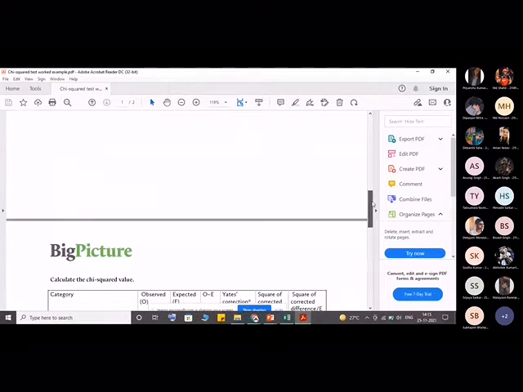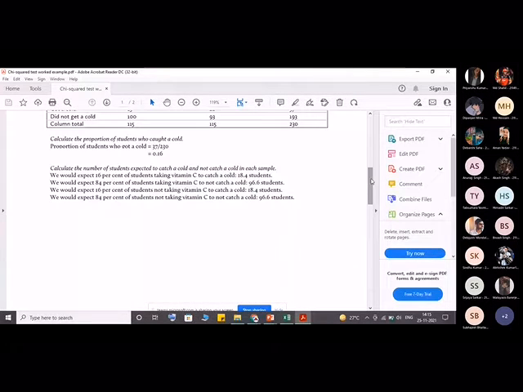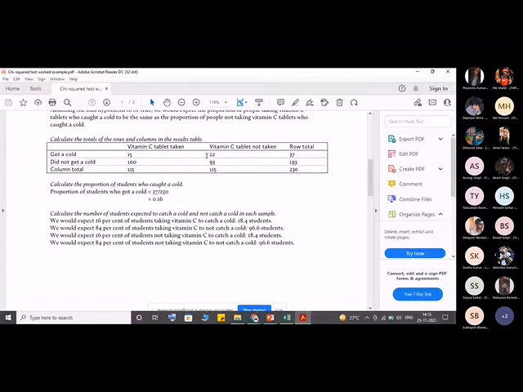There is a formula. We again come to this table. The formula is: row total into column total, divided by 230. For the value 15, suppose you want to find the expected value. What is the corresponding row total of 15? 37. What is the corresponding column total of 15? 115. So what do I have to do? 115 into 37 divided by 230.